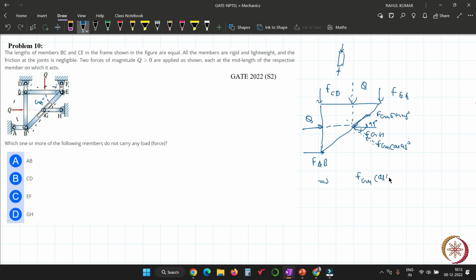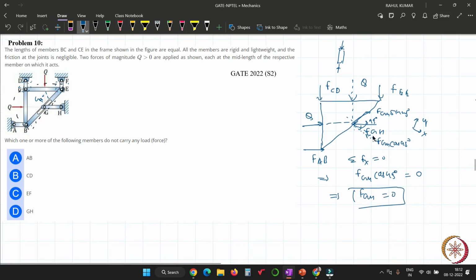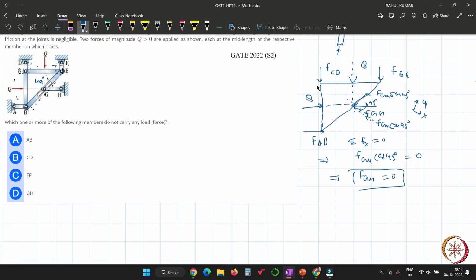FGH cos 45 degrees, and there are no other forces apart from this force, so it will be equated to 0, because the summation of Fx, with axes along like this, will be 0. There is only one force in this direction, so FGH equals 0. This is straightforward.